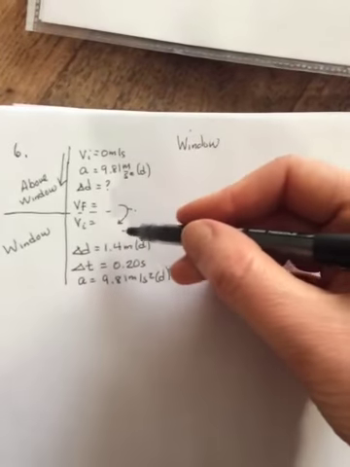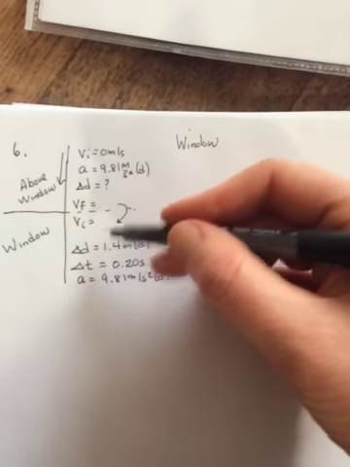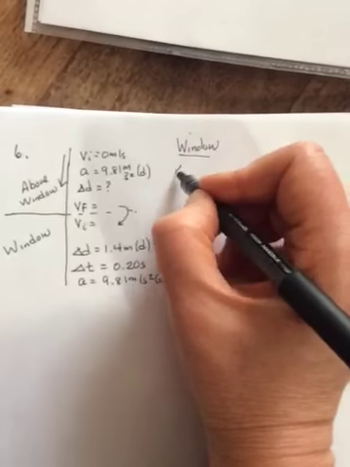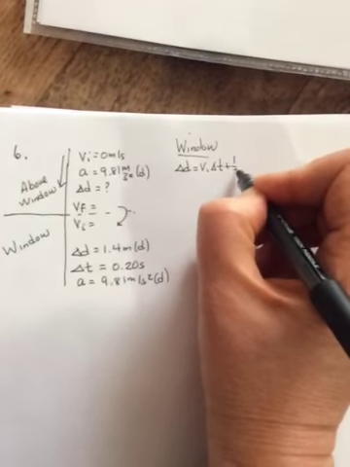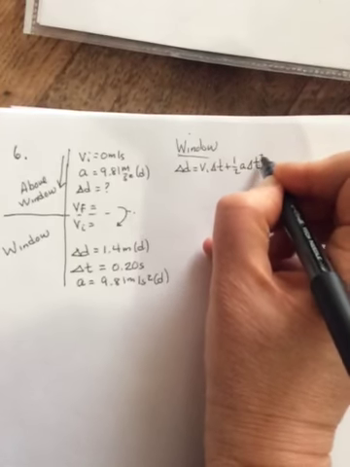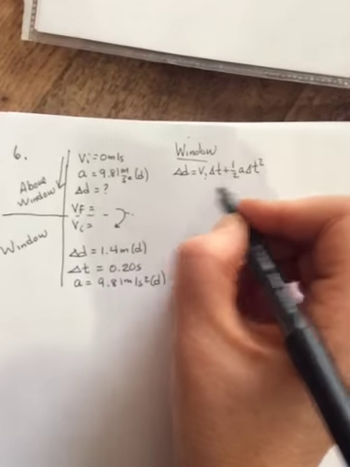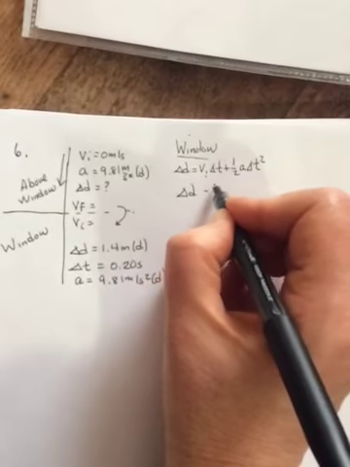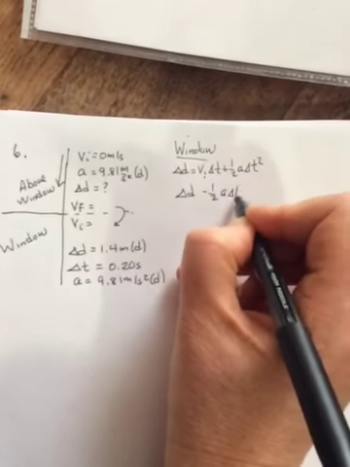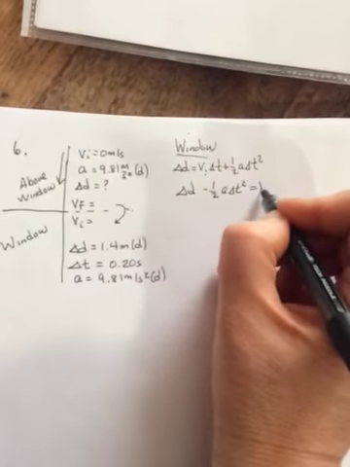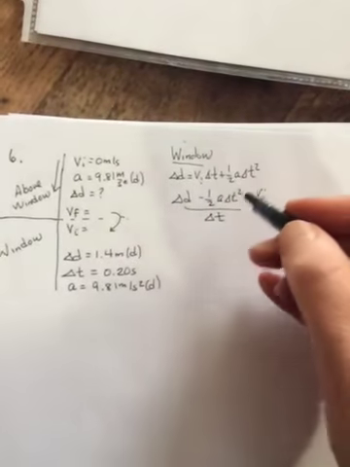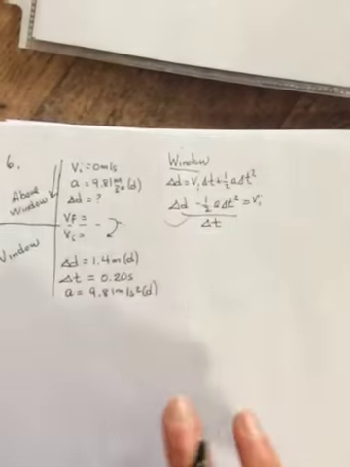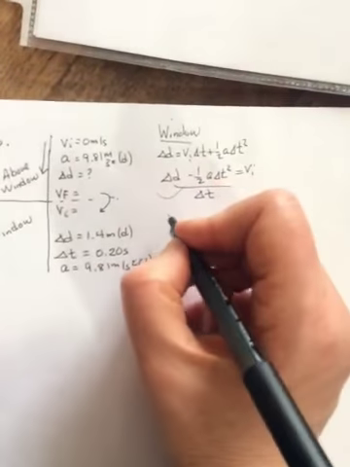What equation? Well, we have a delta D, a T, and an A, and we want a VI. So delta D is equal to VI delta T plus 1/2 A delta T squared. And we're rearranging for VI, so subtract your 1/2 A delta T squared from both sides and divide by time. You cannot cancel these delta T's out because there's no delta T in the delta D term.